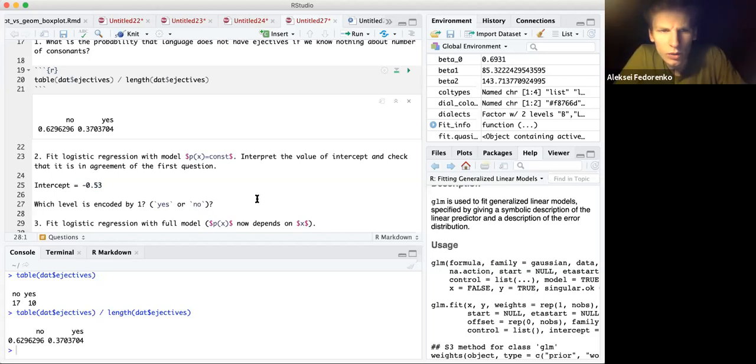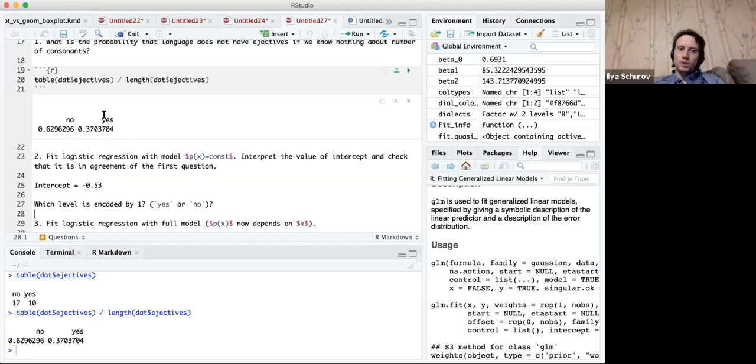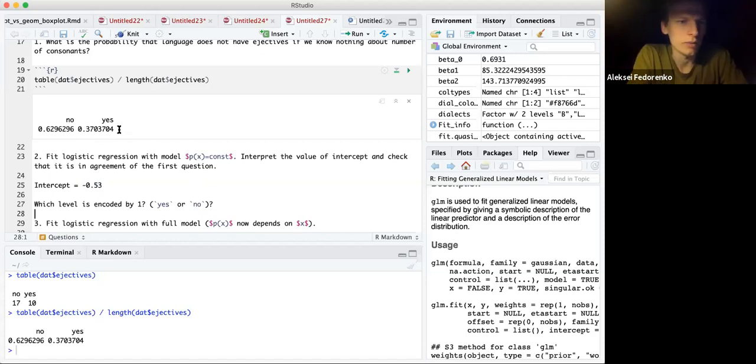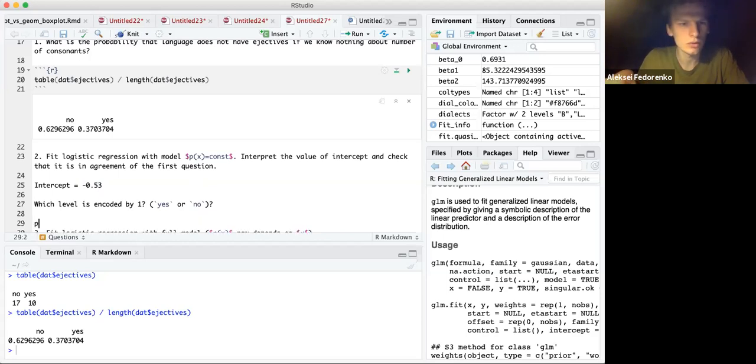I didn't get why... what is less than 1/2? The probability to get yes, according to our data. Yes, but how did we get that from the value of the intercept?